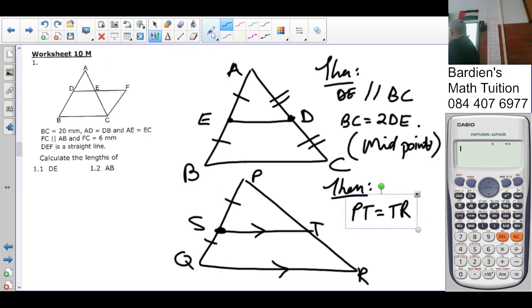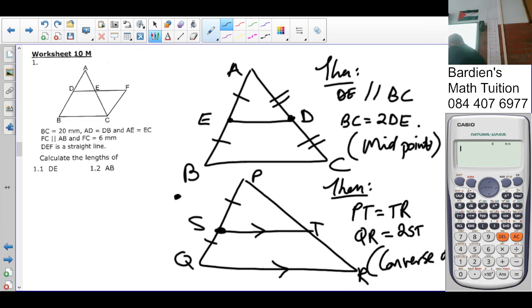We can say that QR is equal to twice ST. Now people, if your diagram looks like this, the reason is midpoint theorem. If your diagram is looking like that one here, then we say it's the converse, which is the reverse of the midpoint theorem.